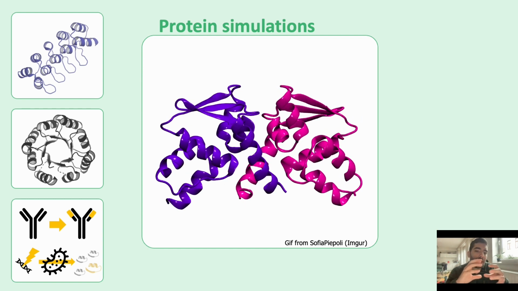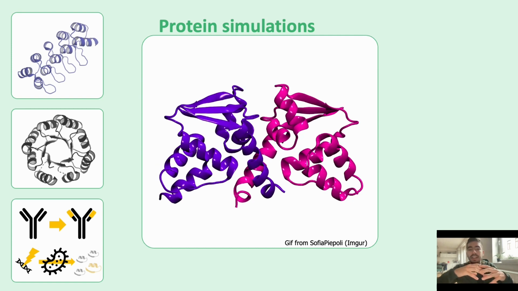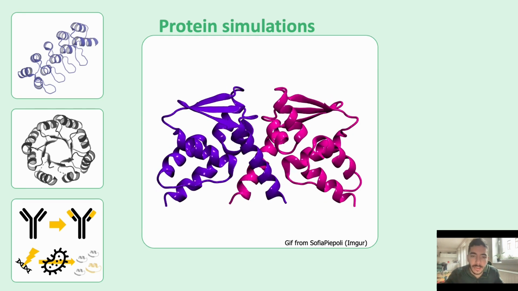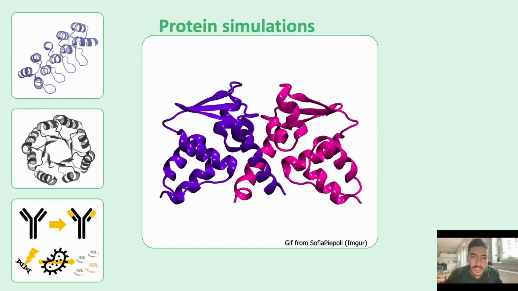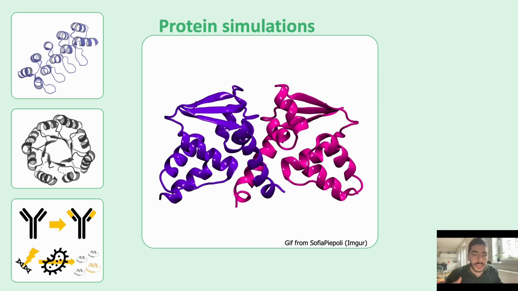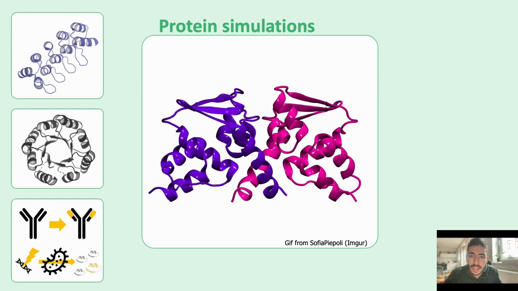So if you design a new protein, but then in the molecular dynamics simulation you quickly see that the protein just unfolds, even if you have a folded initial point, it probably shows that you don't have enough interactions in the core of the protein to keep that structure stable.